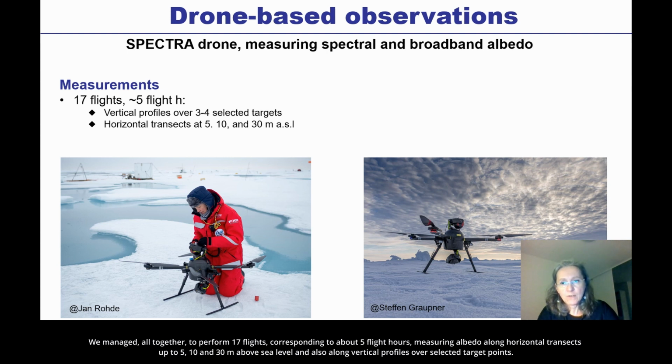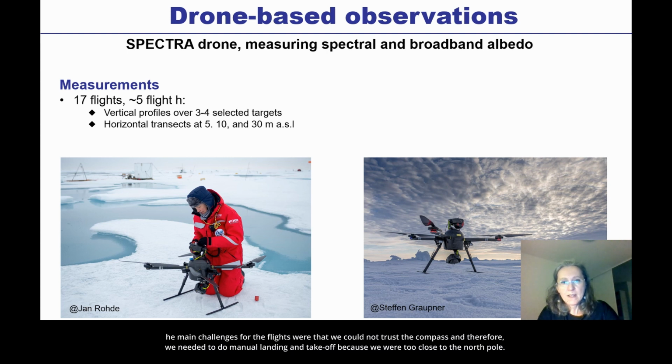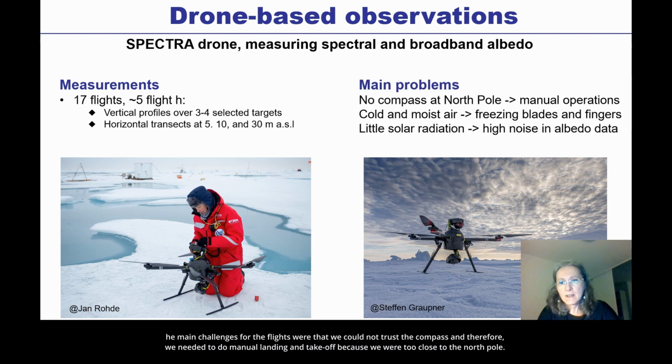corresponding to about 5 flight hours, measuring albedo along horizontal transects at 5, 10 and 30 meters above the sea level, and also along vertical profiles over selected target points. The main challenges for the flights were that we could not trust the compass, and therefore we needed to do manual landing and takeoff because we were too close to the North Pole.